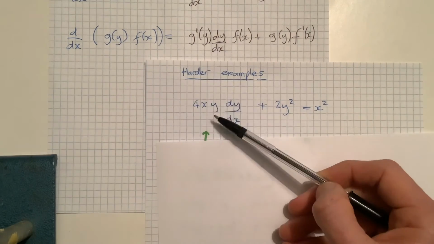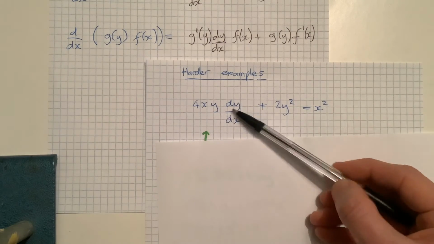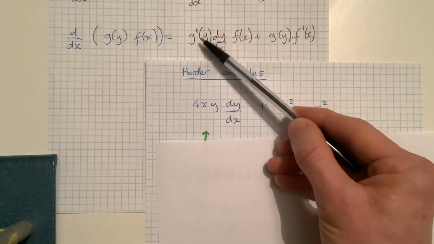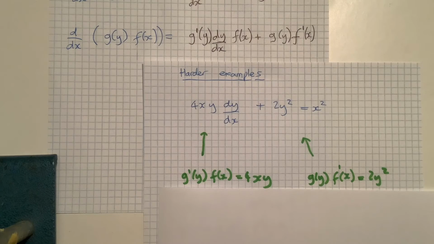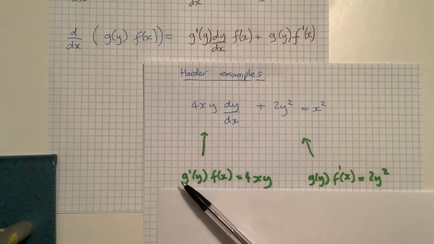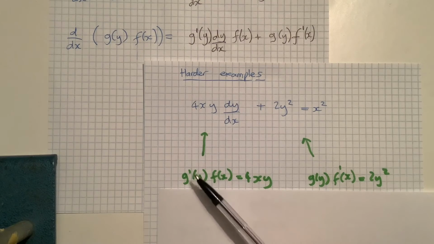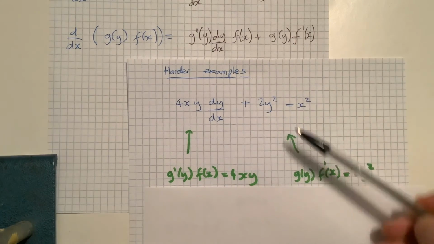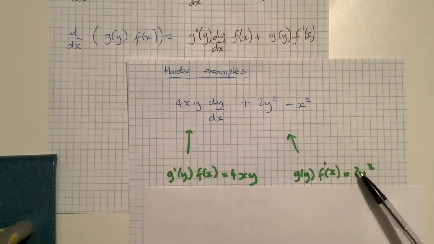So just comparing here, I can see I've got a dy by dx here and a dy by dx here, which means that this 4xy here must be this times this. Okay, this 4xy here is the g dash of y times f of x. And then I'm hoping over here, this is going to be my g of y times f dash of x.